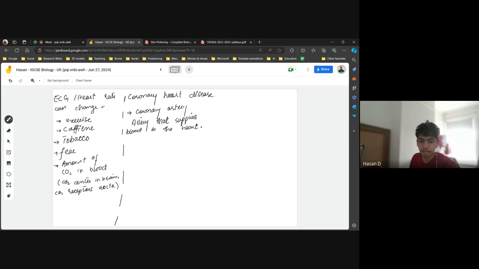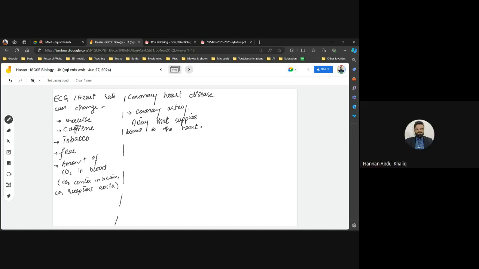Exactly. The heart does provide the blood to the other parts, but the heart also requires blood for its own tissues. And that blood would be supplied by the coronary artery.